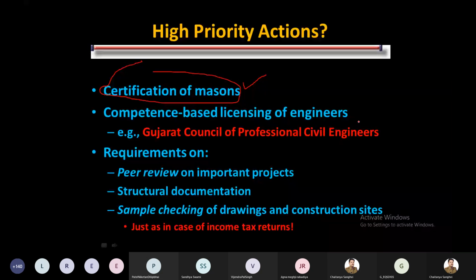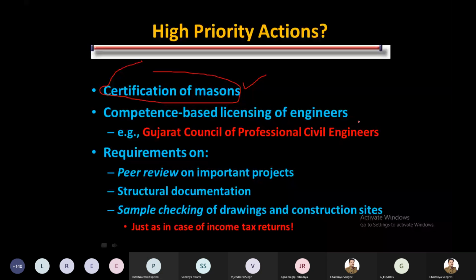As I'm an undergraduate, the authority is not giving me a license. But after 5 years, you are eligible for structural design. So you see, license is not given on the basis of your knowledge. It is given on the basis of experience, which is something wrong, right?